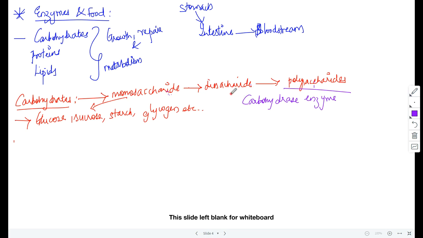You understood what is happening here? Basically, my complex structure is my polysaccharide, right? Now I need to break this polysaccharide into the simplest form.